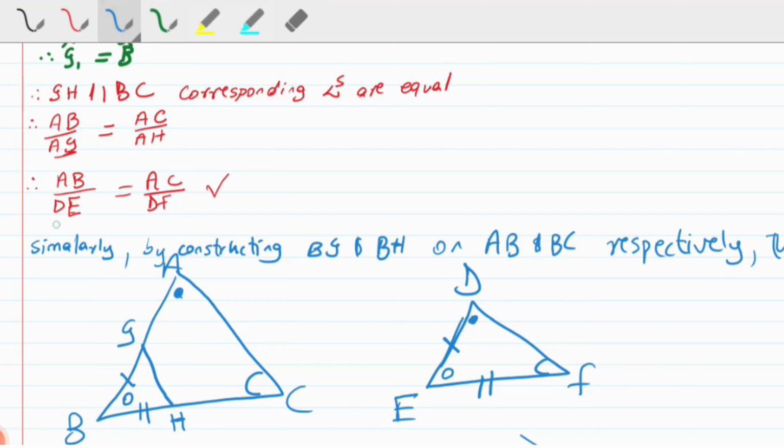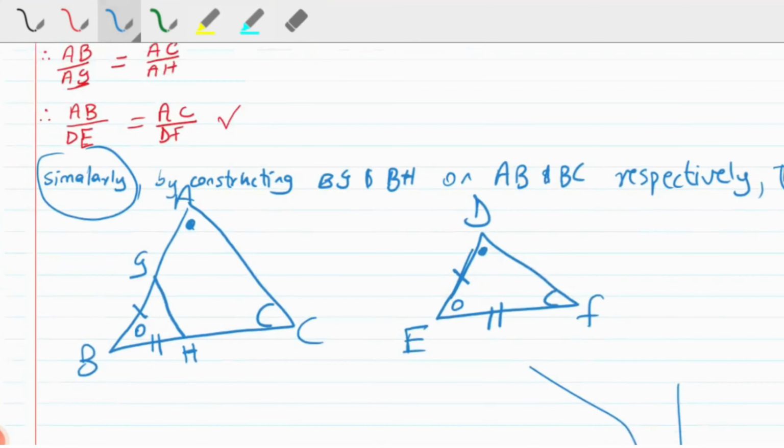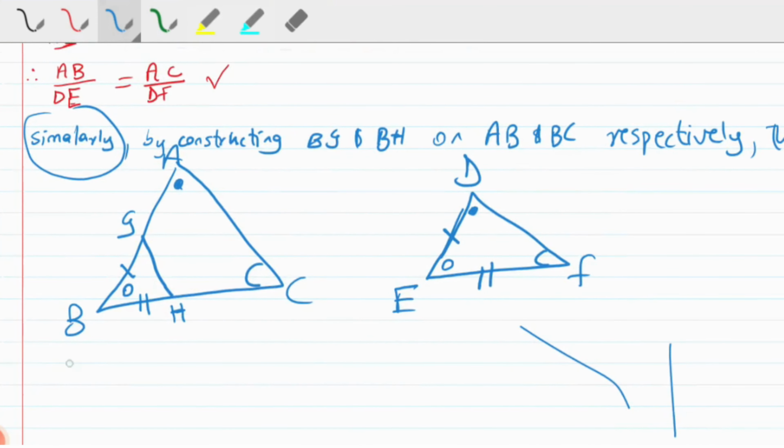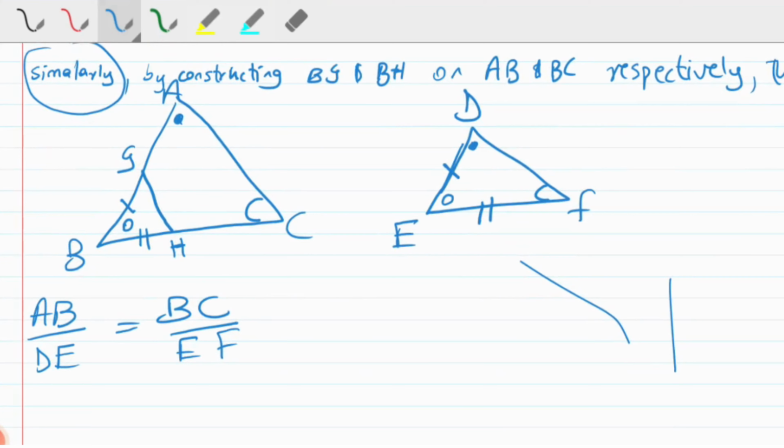Since we use the word similarly, following the same logic, that would mean that AB over DE is equal to BC over EF. So if we follow exactly the same logic, that's going to happen. There's no need in mathematics to repeat the same steps when you're proving something.